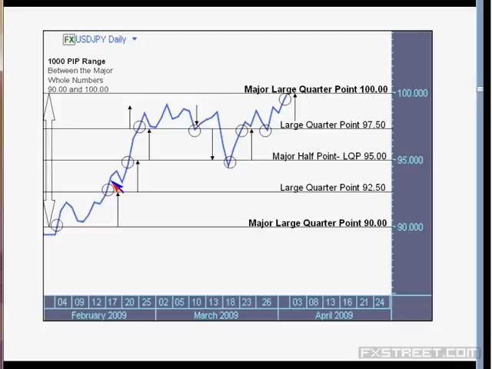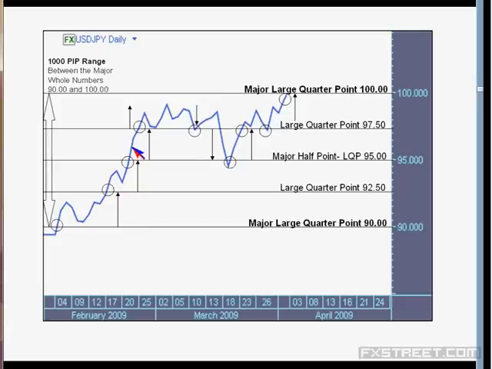When prices break above 92.50 large quarter point, they start moving to target the large quarter point above. We get a little bit of a hesitation, and then we continue forward to target the major large quarter point at 95 yen.